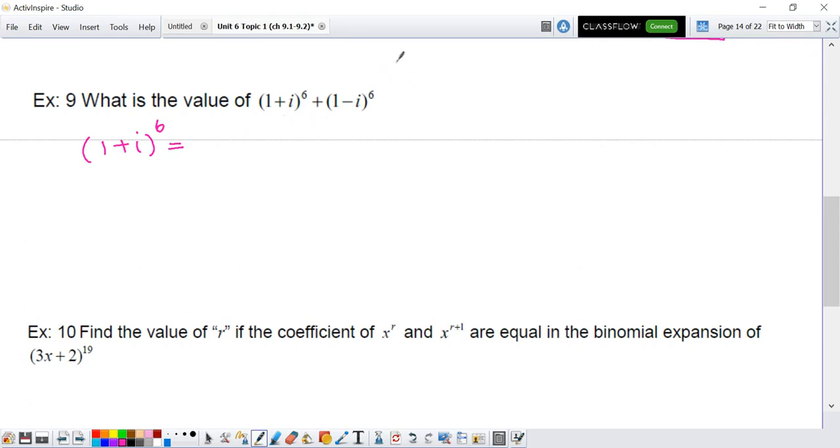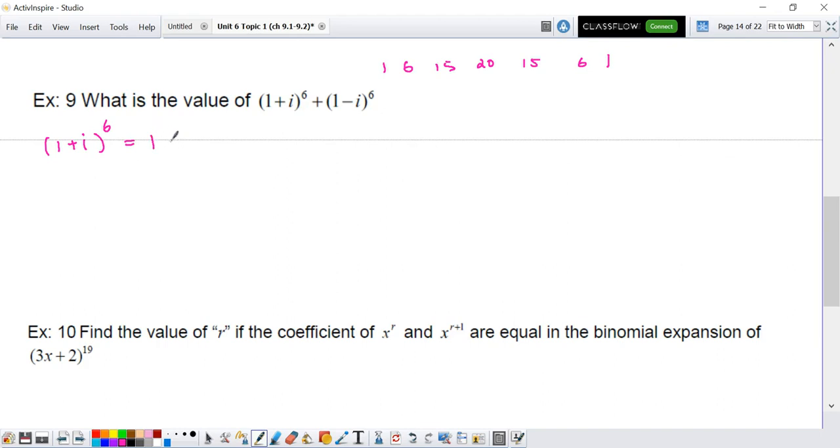The coefficients are going to be 1, 15, no, not 15, sorry. Coefficients are going to be 1, 6, 15, 20, 15, 6, and 1. So 1, 2, 3, 4, 5, 6, 7. Those are the coefficients. So this is a pretty interesting problem. So let's use these coefficients and expand.